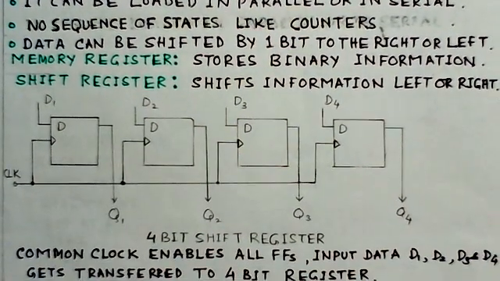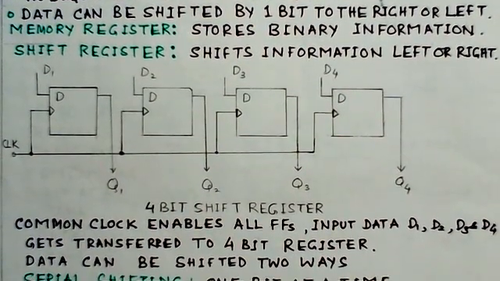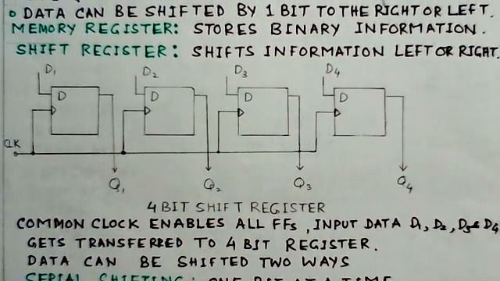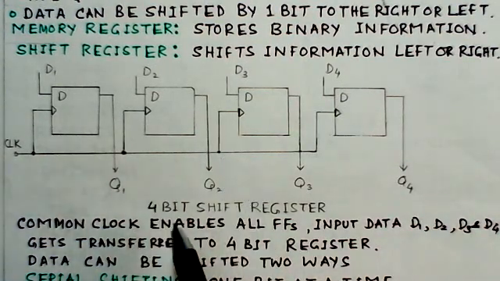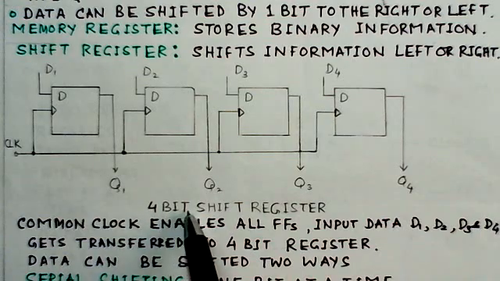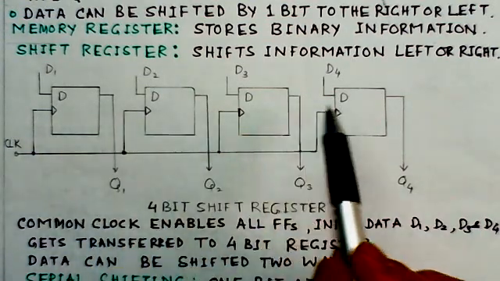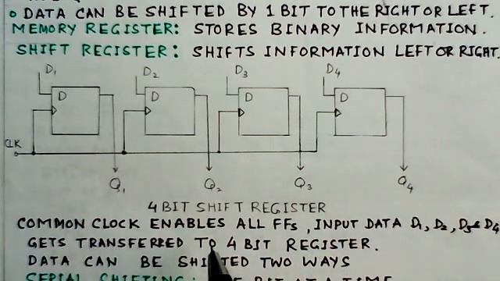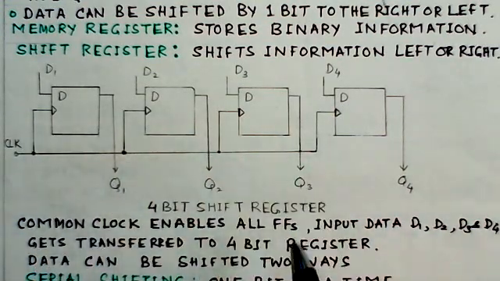Now we'll see a very simple shift register arrangement. This shift register is said to be a 4-bit shift register. You see, it uses 4 flip-flops, and you can observe here this clock signal is synchronous.